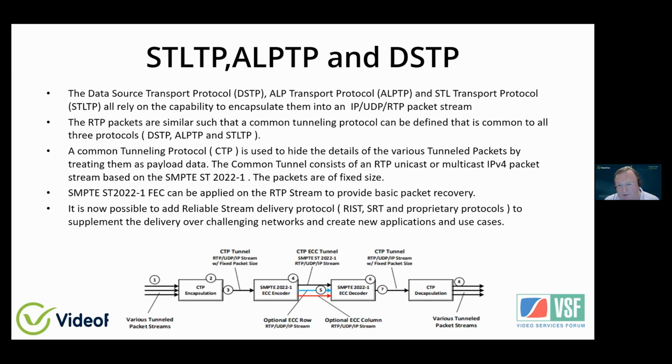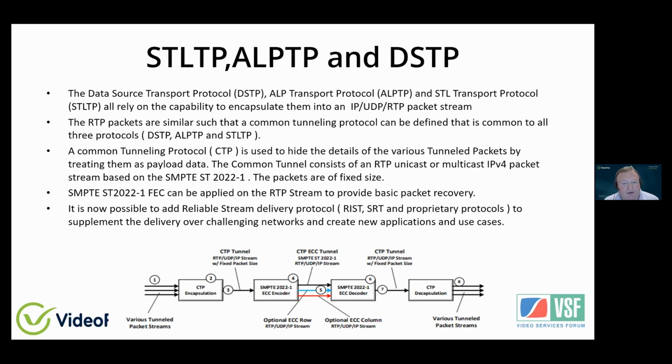A common tunnel consists of an RTP unicast or multicast IPv4 packet stream based on SMPTE 2022-1. And the packets are also fixed size, which makes our life much easier to deal with and transport them.